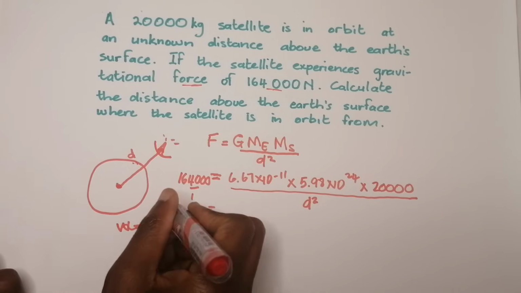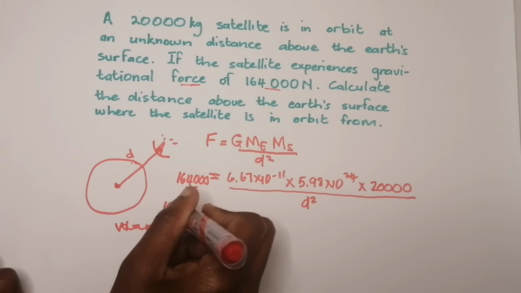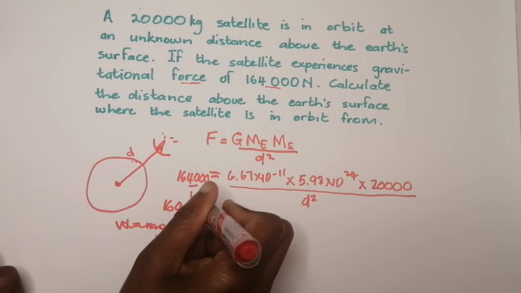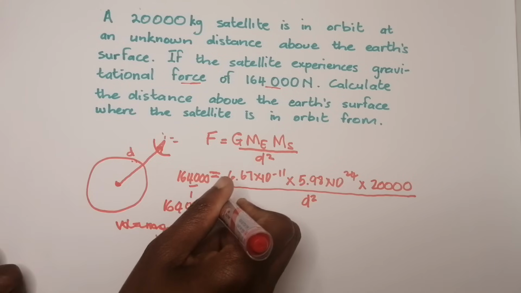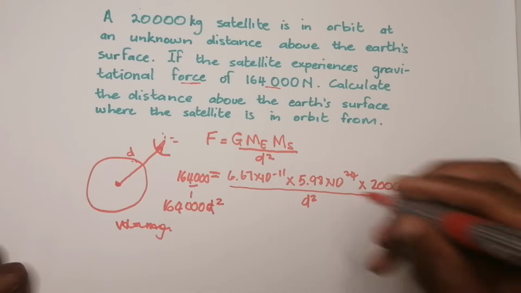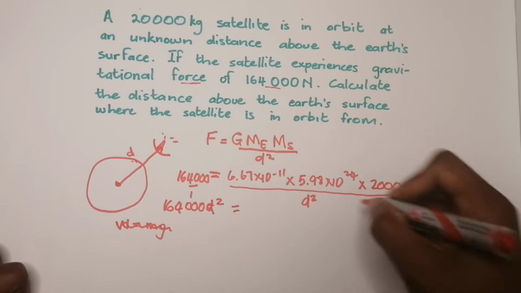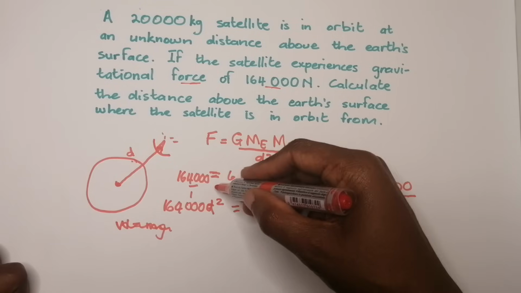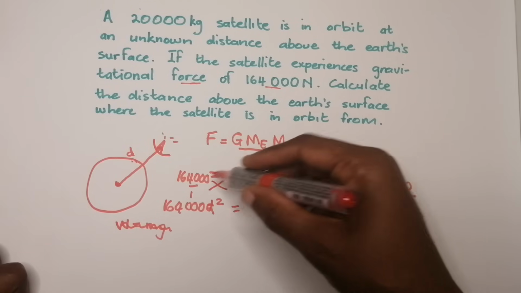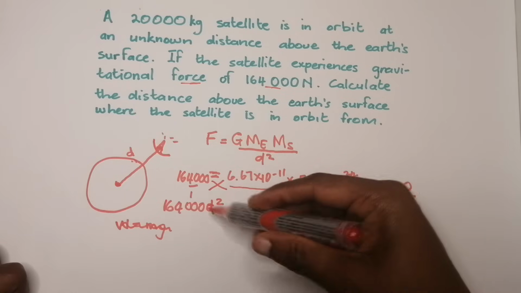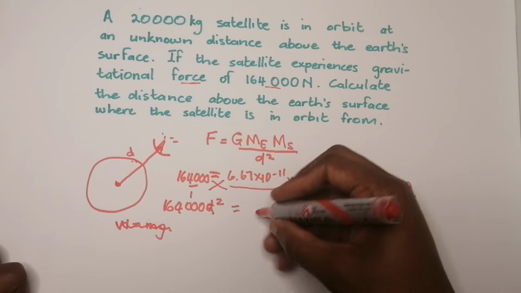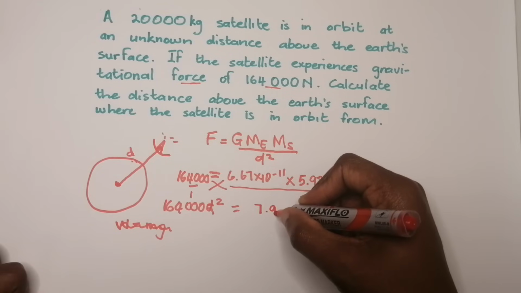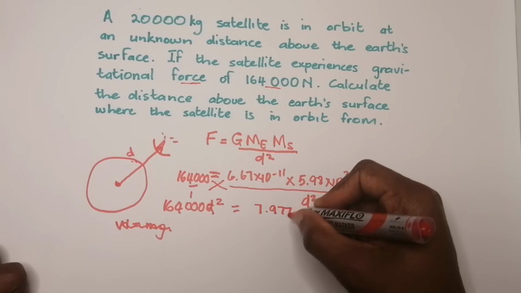I've got 164,000 times d squared, which is equal to, when you take that and put it in the calculator, 7.977 times 10 to the power 18.